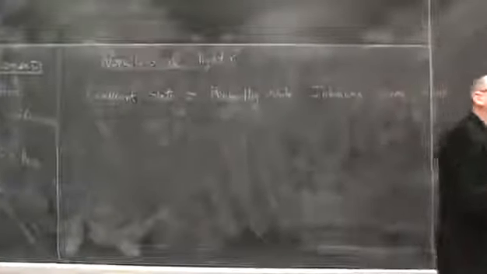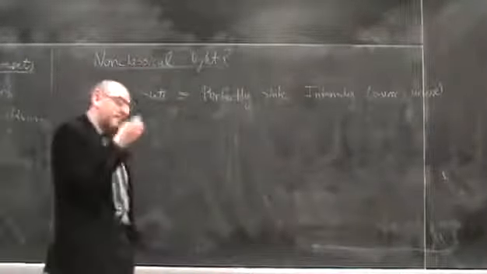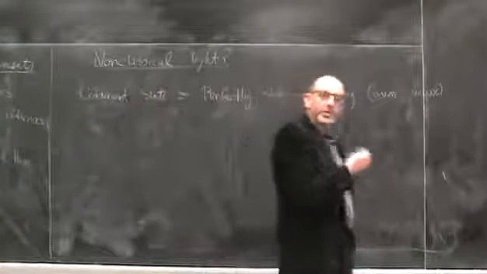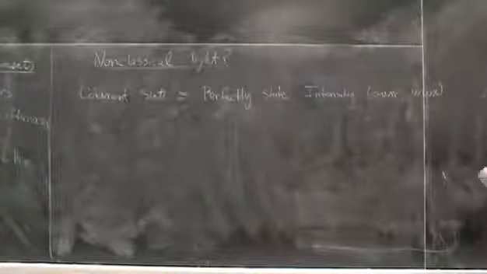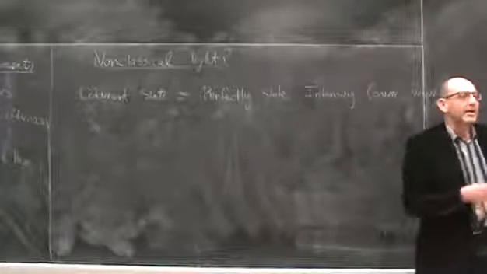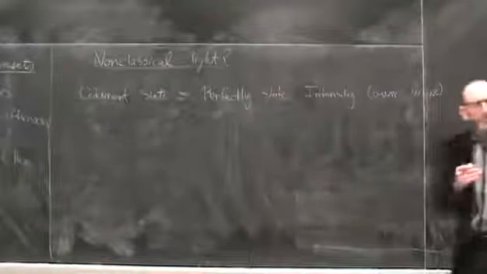So it is the state whose mean value follows the classical trajectory, obeys the classical Maxwell's equations, and whose uncertainty is the minimum quantum value allowed by the uncertainty principle, then that is a coherent state, okay?